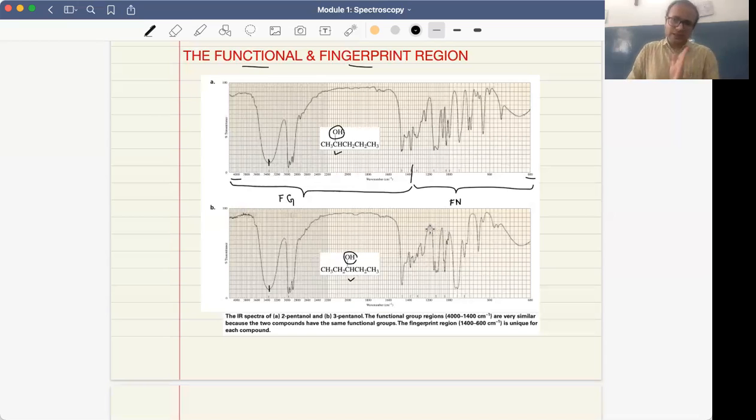So actually, this fingerprint region denotes basically what is called the molecular framework of the molecule. So basic framework changes in the molecule are easily recognizable in this fingerprint region. So it is very characteristic of each molecule.